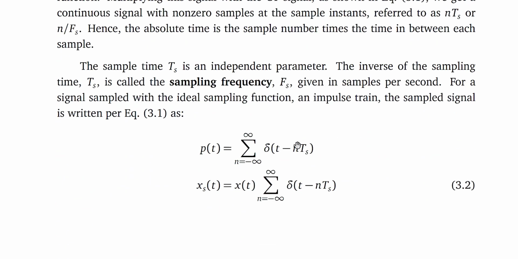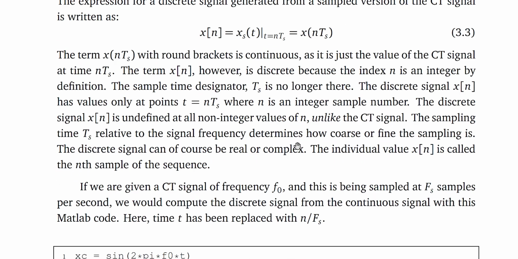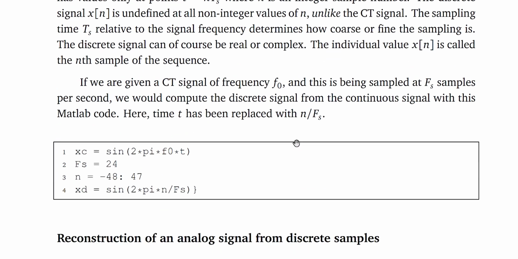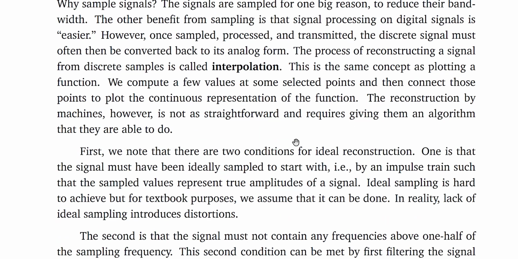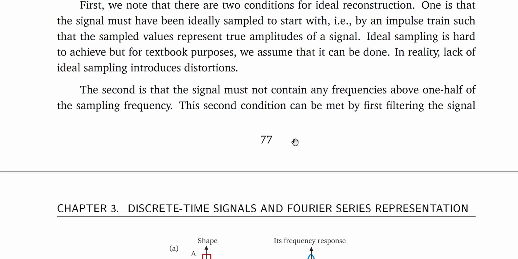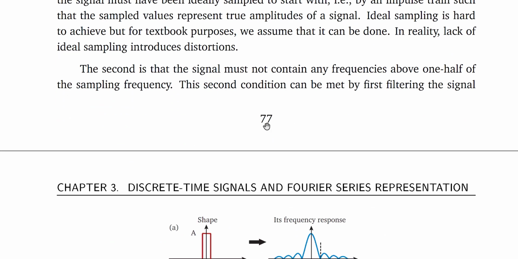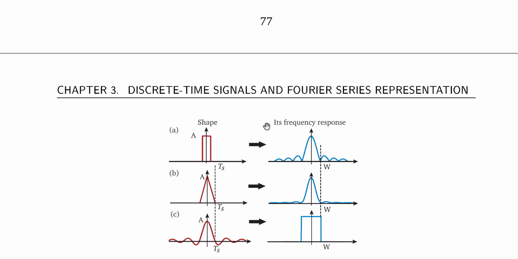So the ideal sampler is really an impulse train, as I just showed you, because it picks out the amplitude perfectly correctly. So now the idea is, if we've sampled a bunch of signals, how can we convert it back to the analog signal? And for that, in general, what I'm going to show you is that it's done this way.